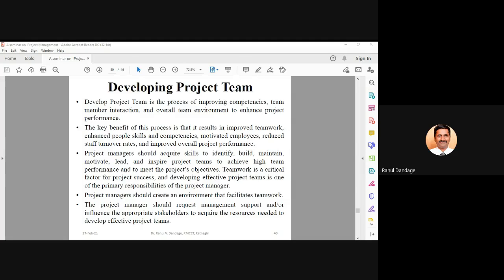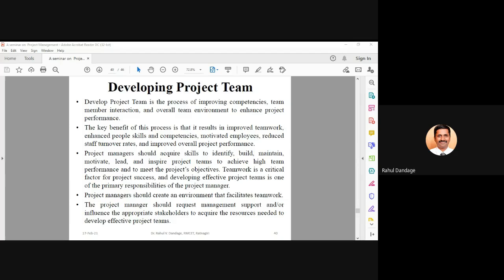The key benefits of this project team development process is it results in improved teamwork. So as we have discussed, when your team environment gets improved, gets healthy, then definitely it results in improved teamwork. Then the people skills, they are getting enhanced.